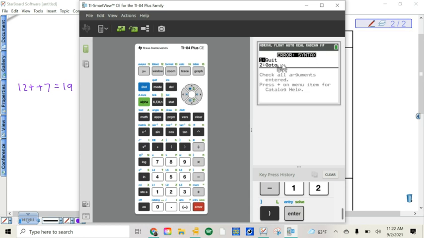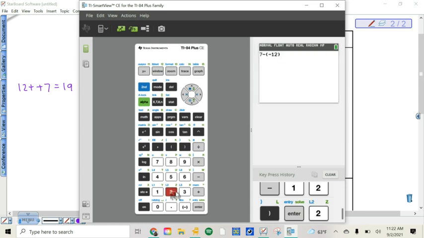If this ever comes up, you can just hit 2, and it'll exit out of it. Okay, so let's try something else. So what we want to do is we want to still do 7 minus, and then open the parentheses, but then when we're talking about a negative number, we have to use this negative symbol. So negative 12, and then close parentheses and hit enter, and you should get the answer. Okay?